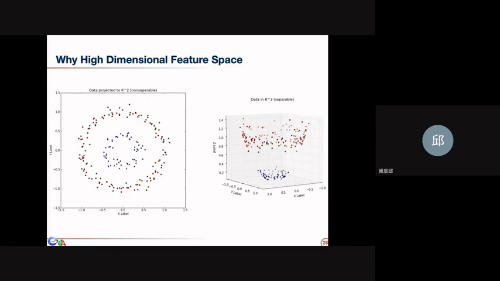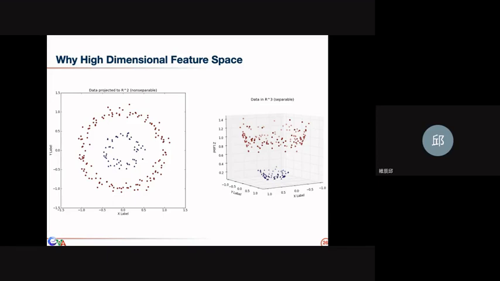That means if you want to use a very simple feature representation, then most of the time you need to use a complicated classifier, a complicated model.